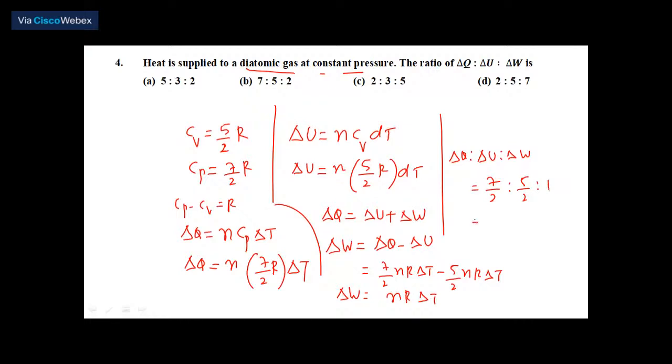Now multiply by 2, you get 7 is to 5 is to 2. Therefore, delta Q, delta U, delta W, heat supplied, change in internal energy and work done are in the ratio 7:5:2. So option B is correct. Option B.